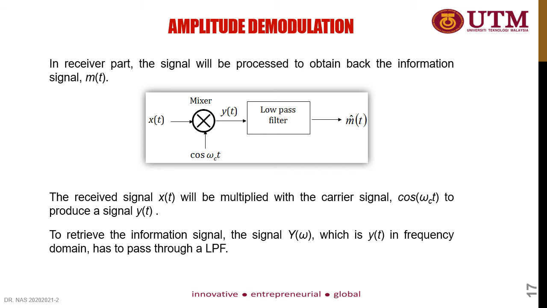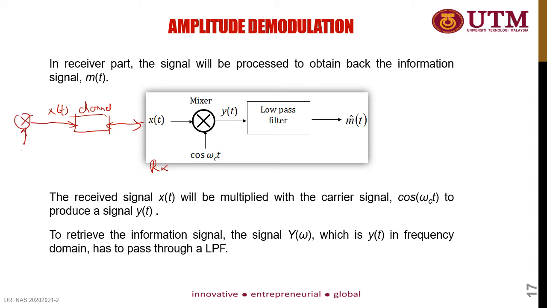Okay, as discussed earlier, once the signal has been modulated at the transmitting end, at the receiving end the signal will be demodulated so that the input signal can be recovered. Assuming that this is the receiving end, here is the channel or the transmission medium, and here you have x(t), the modulated signal.